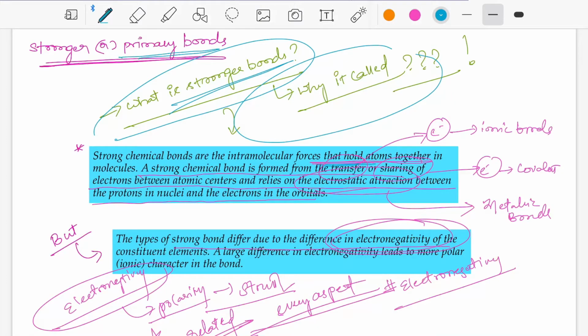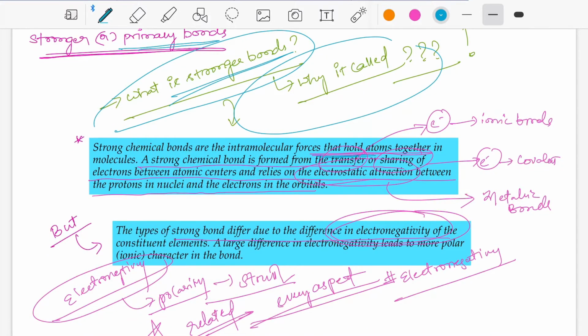The stronger chemical bonds are the forces that hold atoms together in the molecule. A strong chemical bond is formed from the transfer or sharing of electrons between atom centers and relies on electrostatic attraction between the protons in the nuclei and the electrons in the orbital.